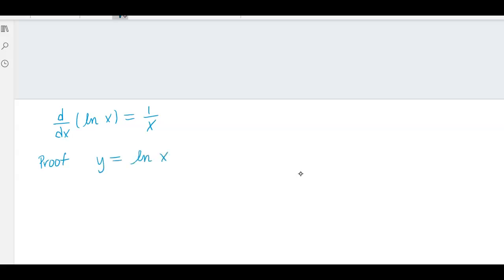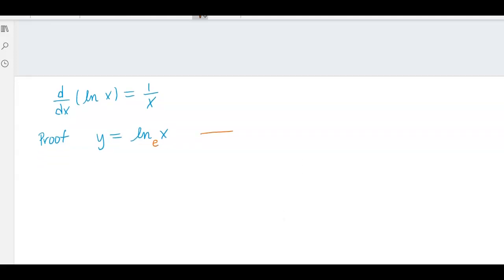That's our function that we're defining. And I'm using the fact that we can change logarithms into exponentials. When we have natural log, we don't write it, but the base is e. So rewriting this into its exponential form, I can write it as e to the y power is equal to x.